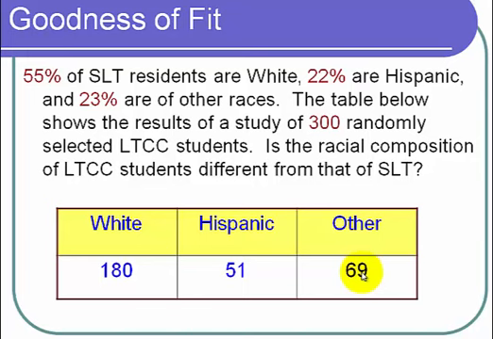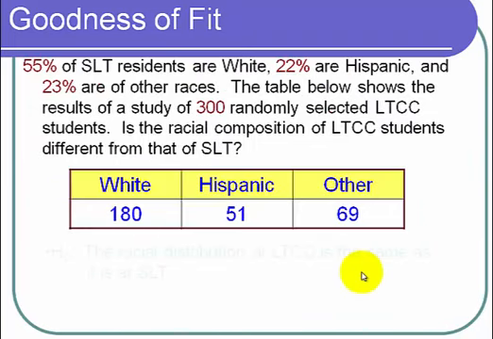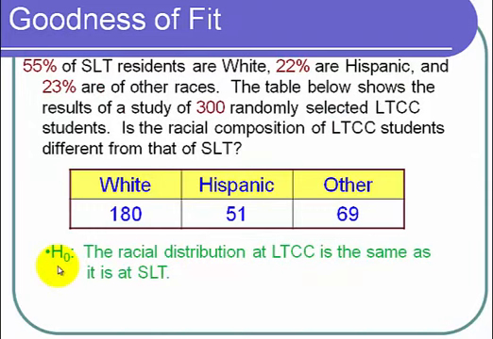So what we're going to do is first form our null hypothesis and our alternative hypothesis. So the null hypothesis, H naught, is the racial distribution at LTCC is the same as it is in South Lake Tahoe.